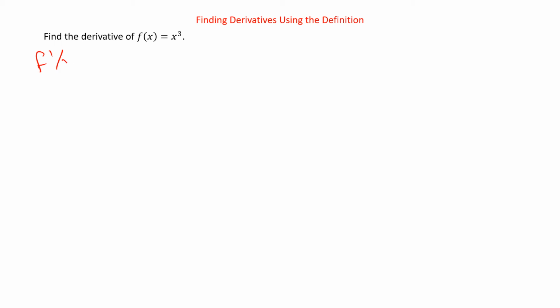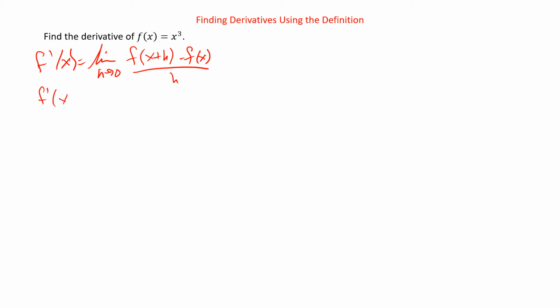F prime of x will equal the limit as h goes to 0 of f of x plus h minus f of x over h. That's just the definition. Like, we haven't inserted any content there. Now we'll insert some content.